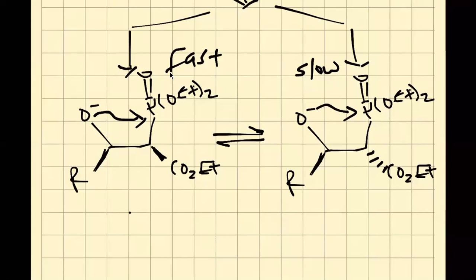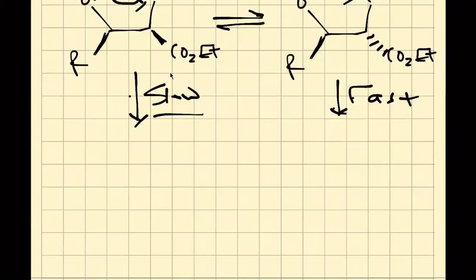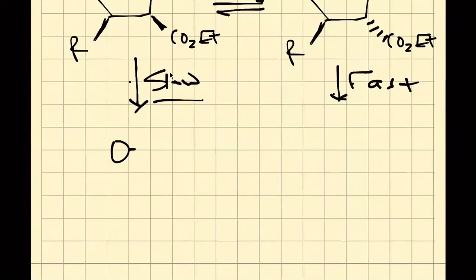But then the actual cyclization part is slow for the cis and it's fast for the trans. So the first step, the addition step, is fast for cis and slow for trans. And then the actual cyclization and then decomposition is faster for the trans than it is for the cis. So let me put that here, and I'm just going to write it like so.